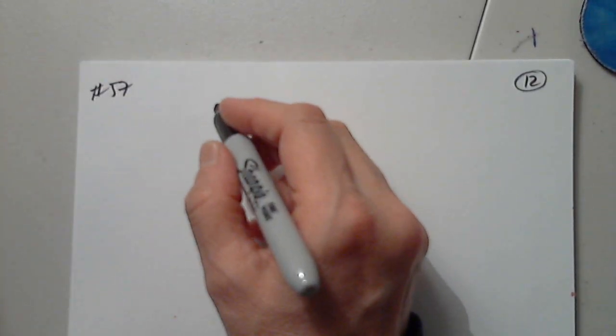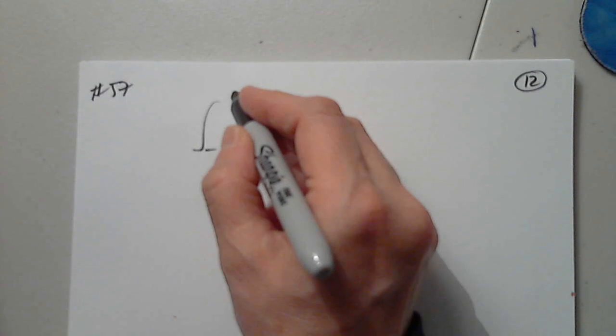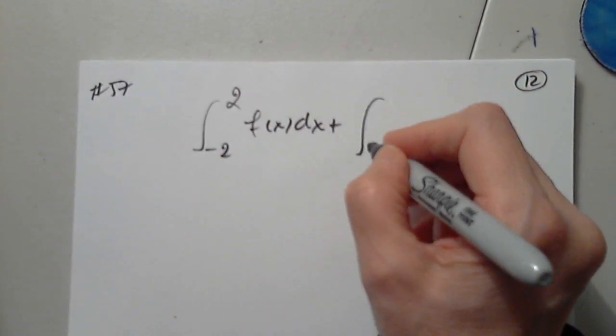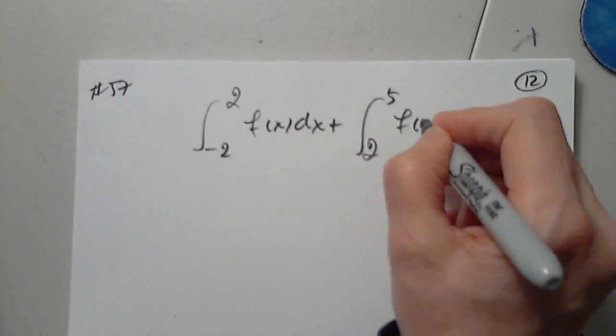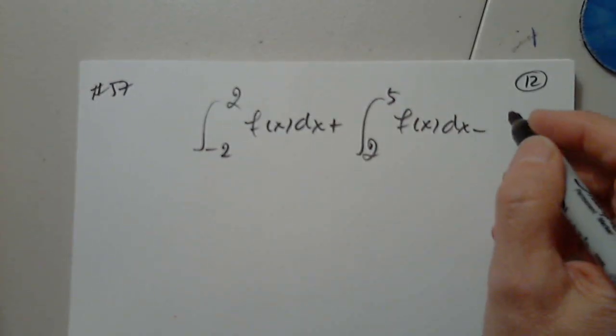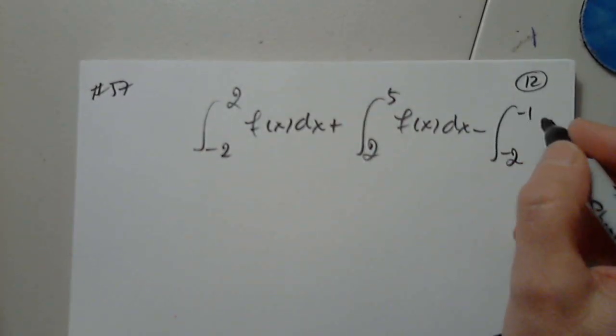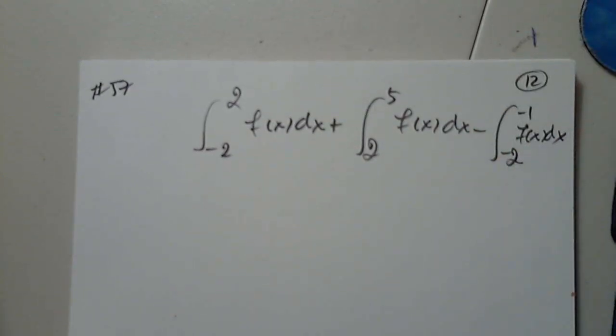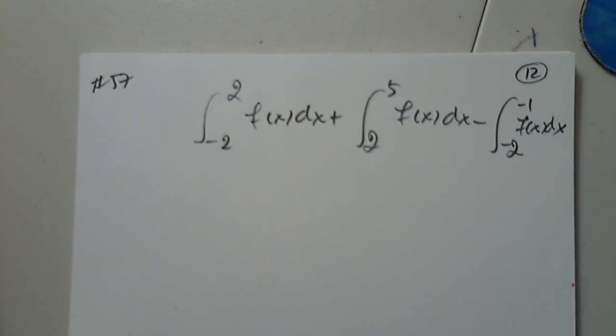So we have the integral from -2 to 2 of f of x dx plus the integral from 2 to 5 of f of x dx minus the integral from -2 to -1 of f of x dx. And they're asking us to condense these into one integral.